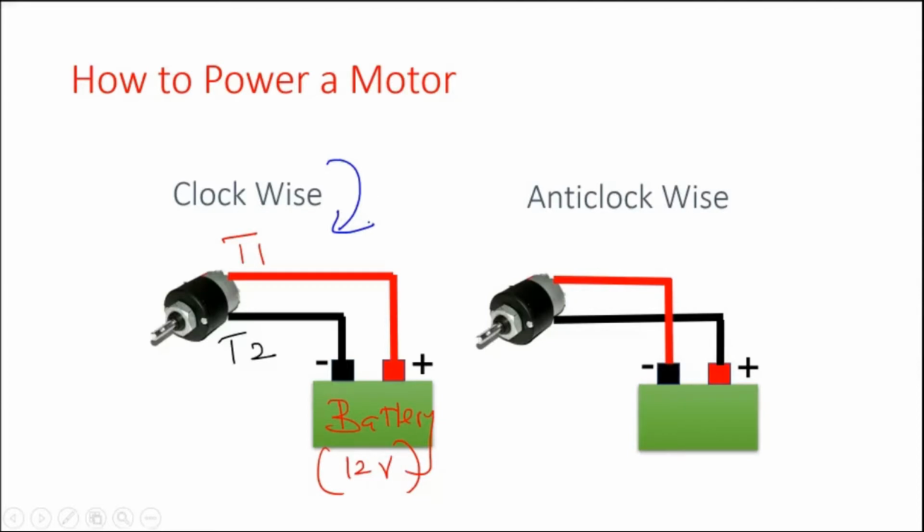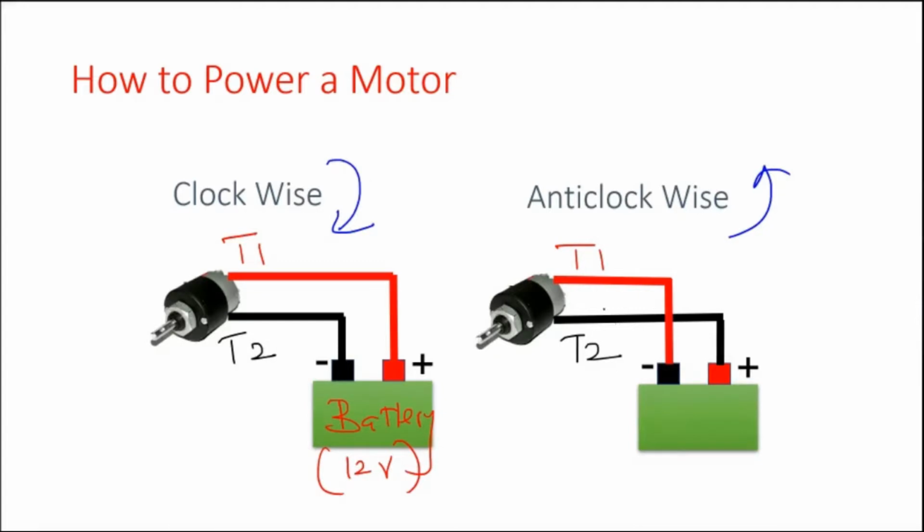Making the motor rotate in the anti-clockwise direction or reverse direction is done by connecting terminal 1 of the motor to the negative of the battery, whereas terminal 2 of the motor is connected to the positive of the battery.